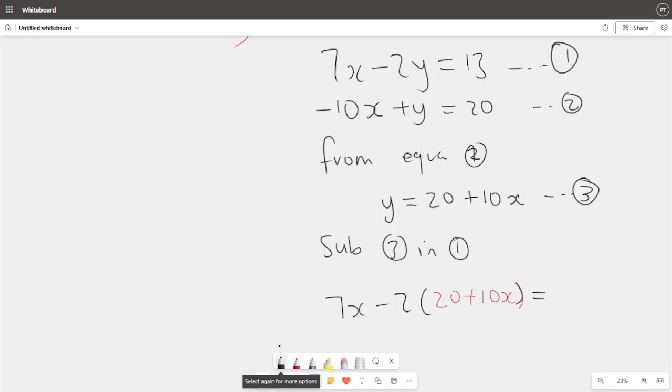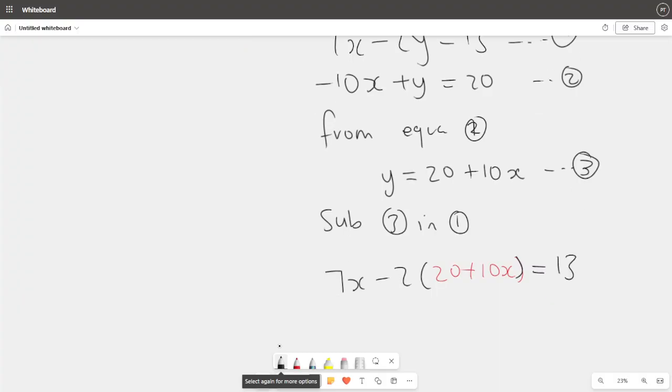Then you multiply out. So basically what you do here, take a look at how much time do you spend right there. Then you're gonna say 7x minus 2 times this one is gonna give you negative 40 straight. Then negative 2 multiplied by 10 is just gonna give you negative 20x, right? Then this side you have 13.